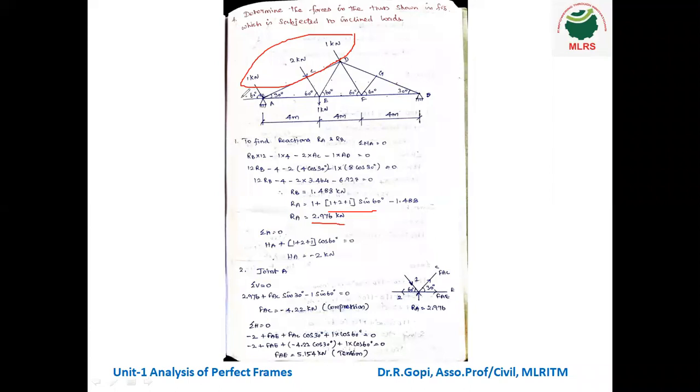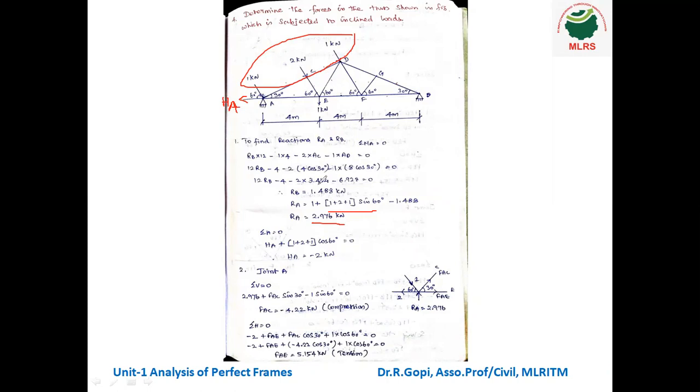What about calculating HA? The HA force is acting here. As per Newton's third law, for every action there will be an equal and opposite reaction. To calculate HA, resolve all the forces. If you resolve horizontally we need the adjacent, so we need cos: 1 into cos 60, 2 into cos 60, and 1 into cos 60.